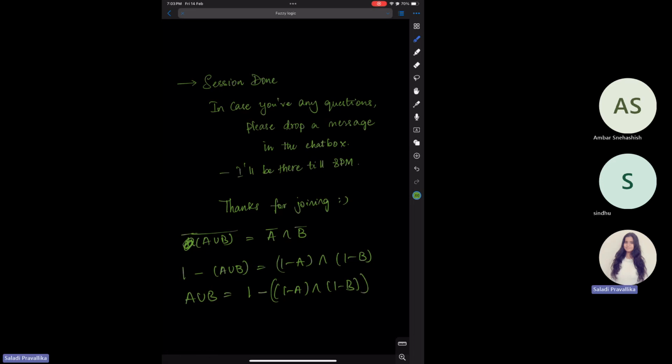Similar to the complement of union, we also have the complement of intersection. In place of union, you write intersection, with negation, and you find A intersection B. So basically, this shows that both are dual operations, which means that they are interchangeable under negation.